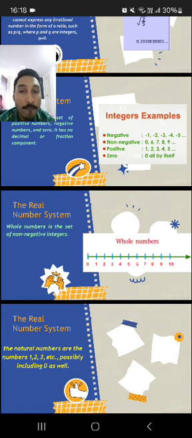I think whole numbers are the easiest to understand. Again, whole numbers are a set of non-negative numbers. There are no negative numbers in this set, only 0 and positive numbers, like 1, 2, 3, 4, 5, 6, 7. It goes on. I hope you understood whole numbers.